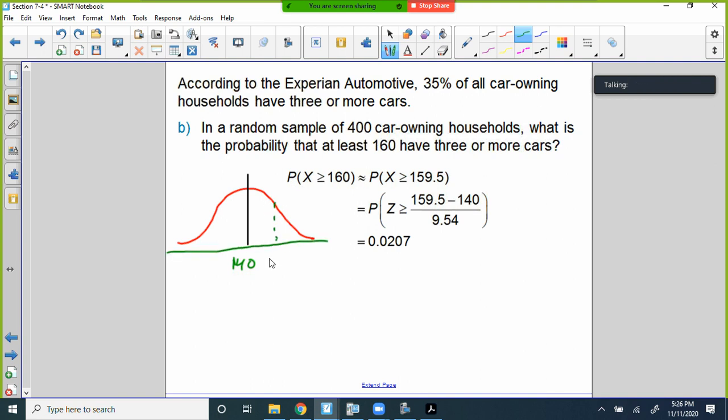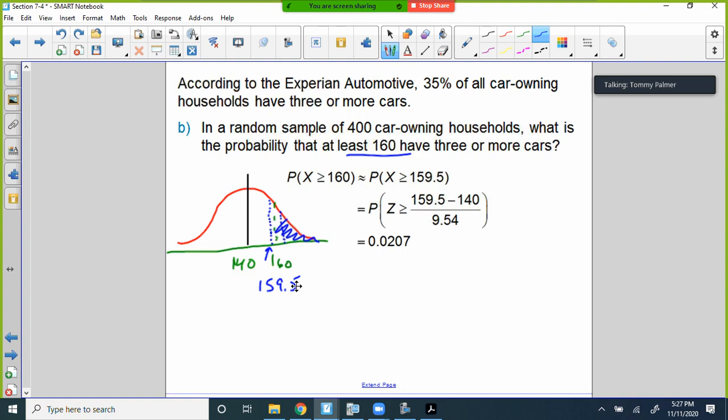We are wanting at least 160. So 160 is really included, and it's our lowest spot. So we're wanting all of this. If you think about it, the histogram bar is really doing this at 160. So I need that so that I'm getting the full 160. That's why it's minusing it. That's why this is 159.5.